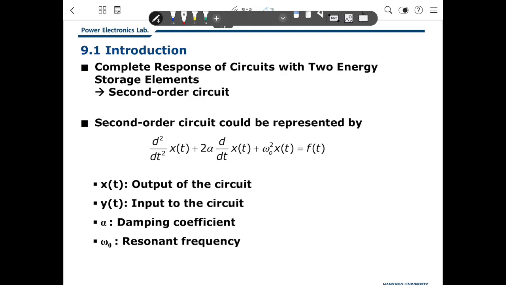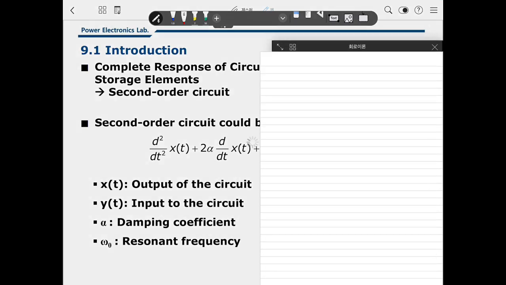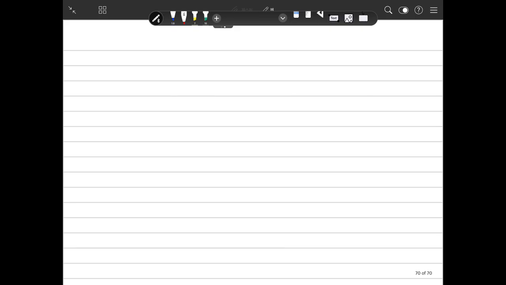In Chapter 9, the complete response of a circuit with two energy storage elements.